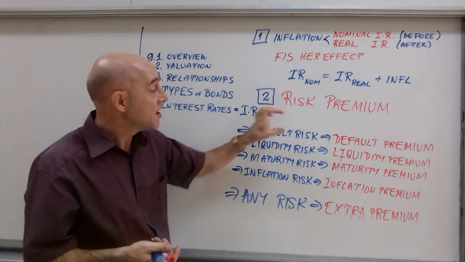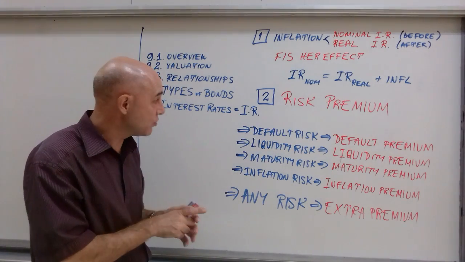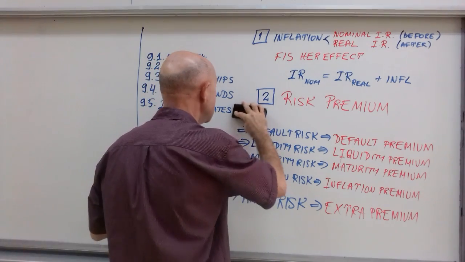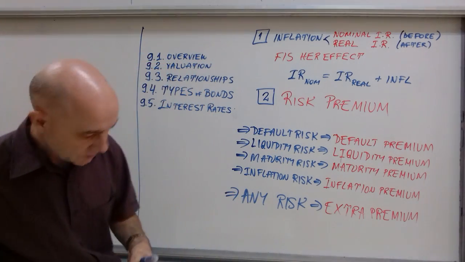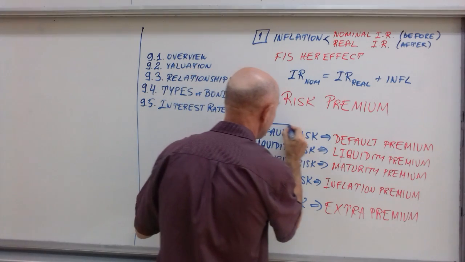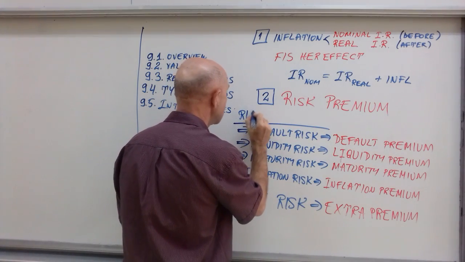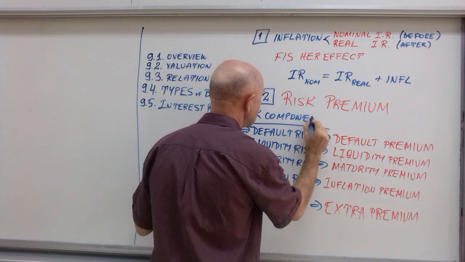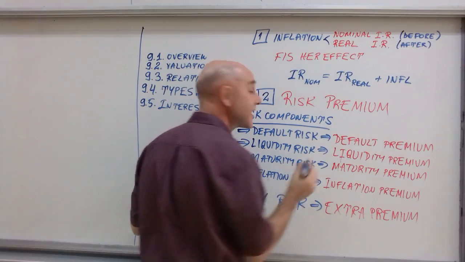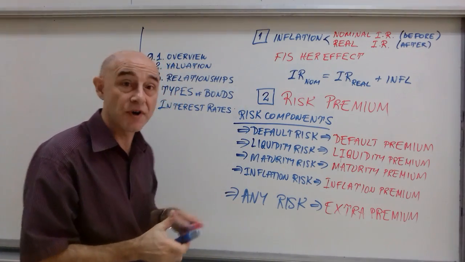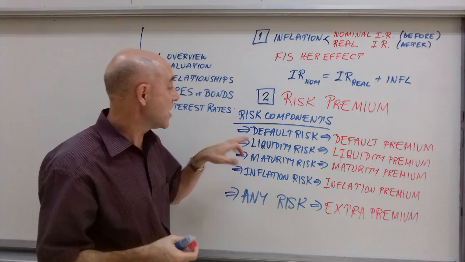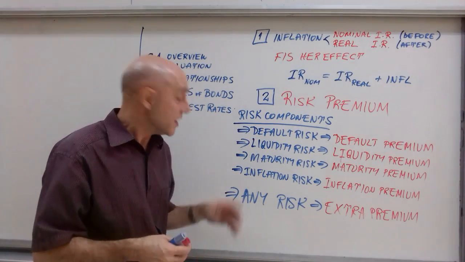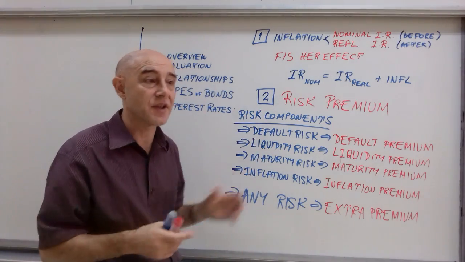So every risk component, all right, let me write this out here. We'll call these risk components. So, bonds will have a default component, liquidity, maturity, inflation. They may have some other political whatever that might be.